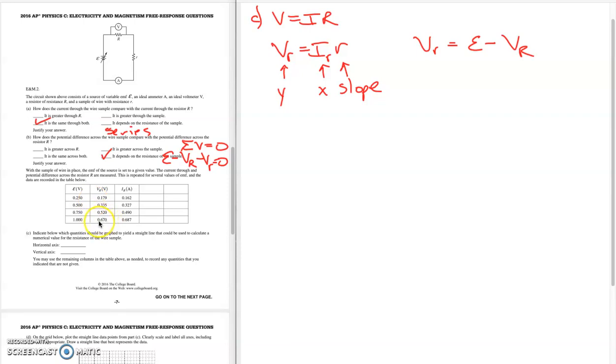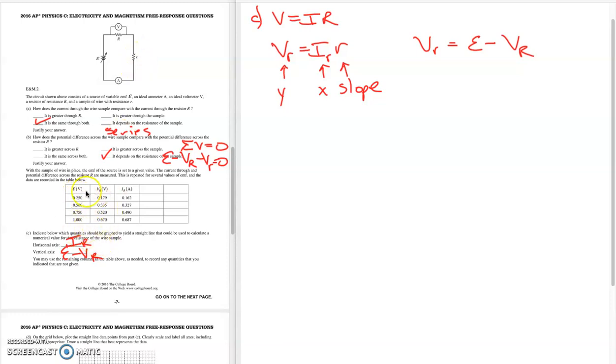So we can calculate the voltage drop across the wire sample, and that's going to take up one of our columns. We're not going to need the other column here. So the horizontal axis, we're going to say that's just the current. And for the vertical axis, we're going to subtract the two voltages that we have, and the leftover voltage is going to be the voltage drop across our wire sample.